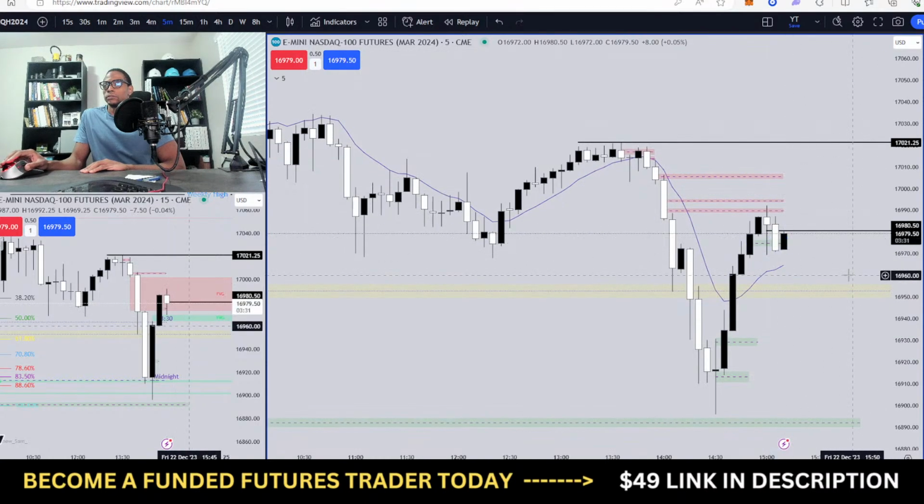Okay. This candle's looking strong so far, but it's only been a minute and a half into a 5-minute candle. So let's give it more time.